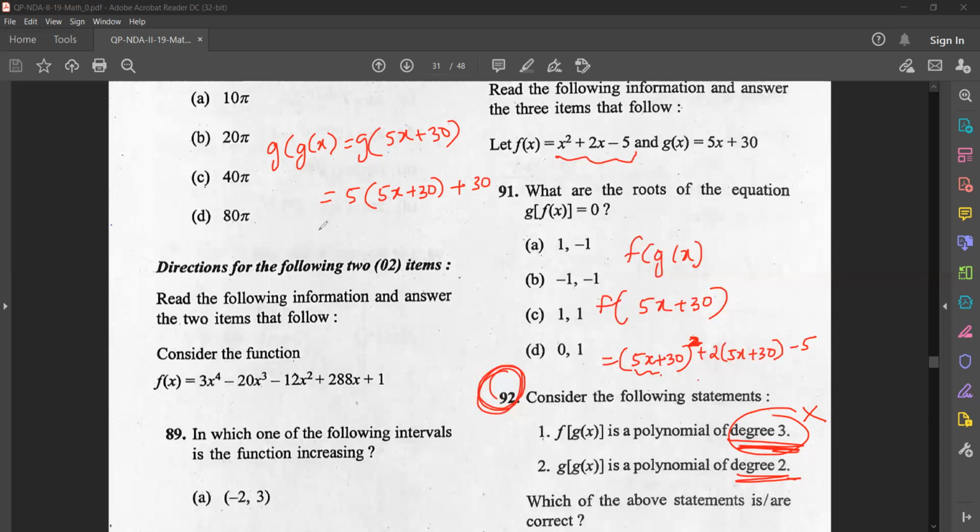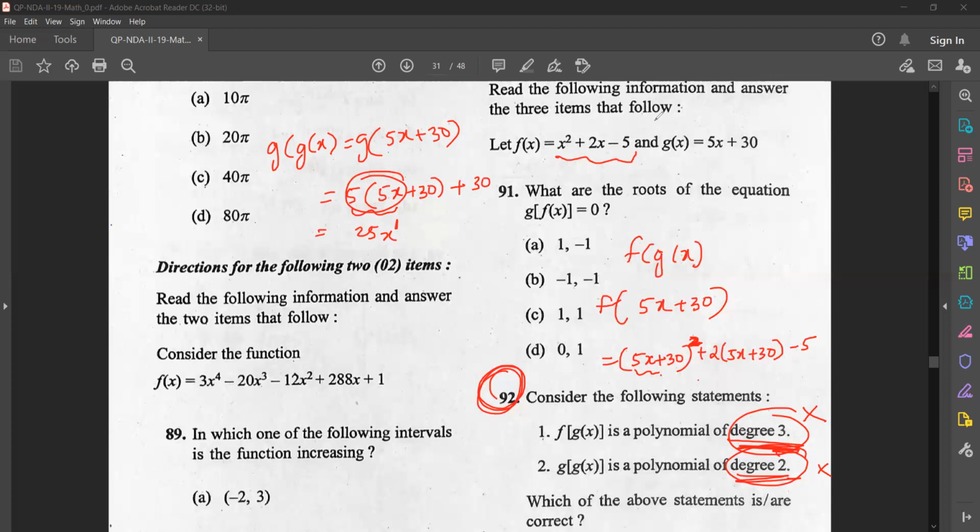See this also, when you open, the maximum coming is 25x, isn't it? That means degree is 1. So the second statement is also wrong. The degree you are getting is 1, the other one degree you are getting 2. So both the statements are wrong. So neither 1 nor 2.